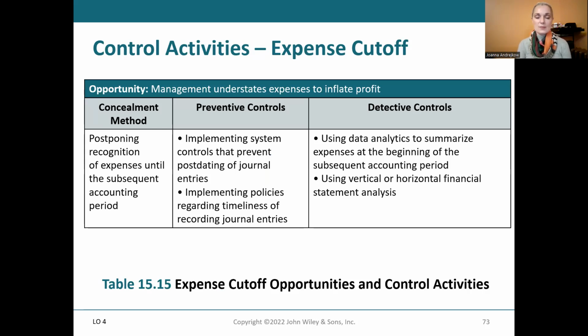So making sure that journal entries are made as soon as maybe a payment occurs or a contract is made with a vendor. Detective controls, you can use data analytics to summarize expenses at the beginning of the future year to see if they are unusually high, or if you already have expenses that you're recording in the next year, even though the year has not occurred yet.